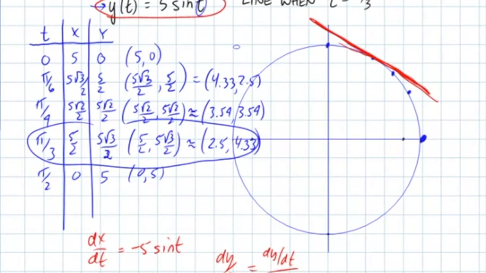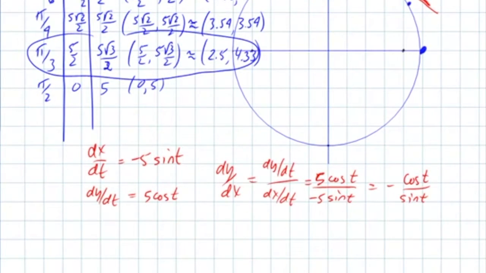Remember, if we cancel the dt's, we have dy over dx, which gives us rise over run for our tangent line. So in this problem we have dy/dt is 5 cosine t, and dx/dt is negative 5 sine t, which gives us negative cosine t over sine t.